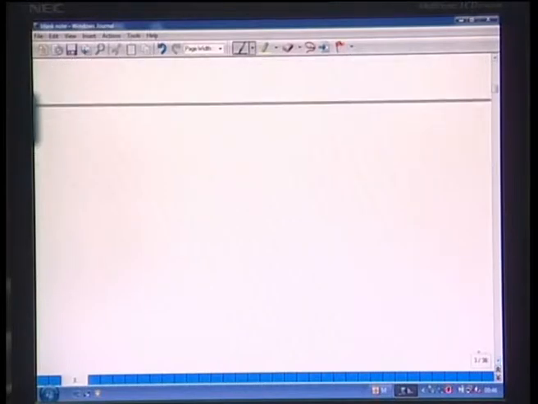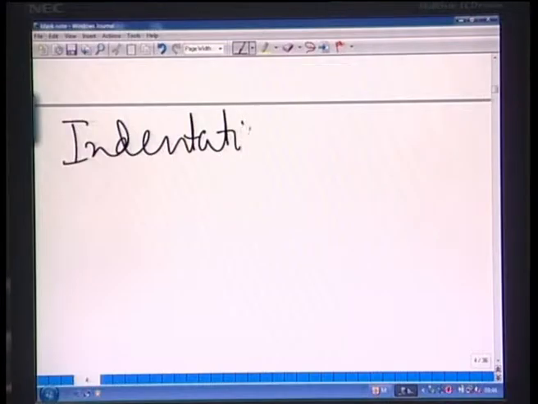However, this indentation toughness you cannot use as a design parameter.